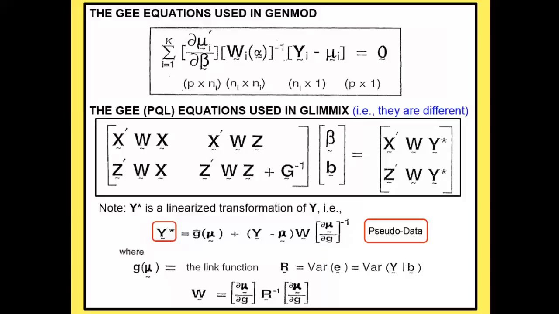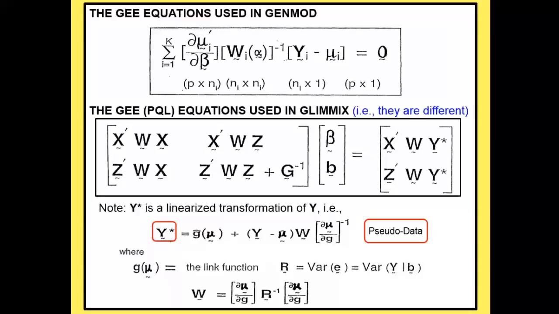As a result, it then proceeds to come up with answers using the same maximum likelihood rules that were used to solve Proc-mixed equations. And so when you're using GLIMMIX, you wind up getting F-tests and T-tests, which is what you get with Proc-mixed, as opposed to chi-square tests that you get with GenMod.